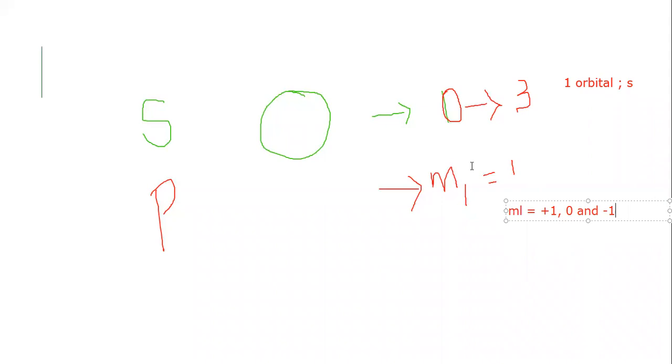If you have such +1, 0, -1, we are telling the number of orbitals are 3. So this belongs to your p orbital. You should be very careful about that.